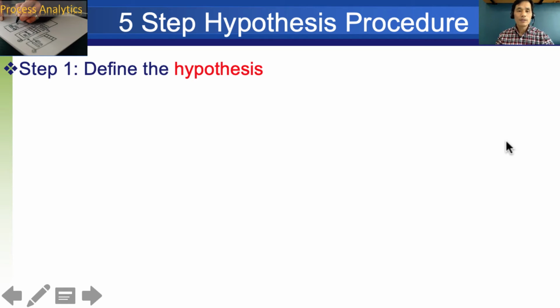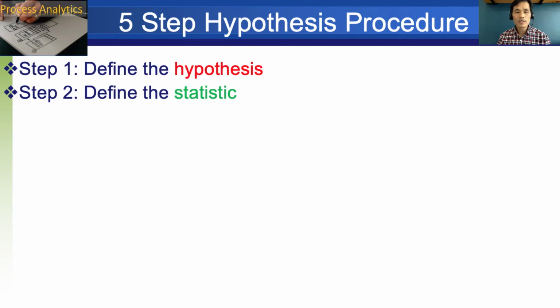Here are five-step process that we want to follow when conducting hypothesis test. First step is defining the hypothesis. We want to define the hypothesis, whether it is a mean test or proportion test. If it is mean test, we use mu. If it is a proportion test, we use pi.